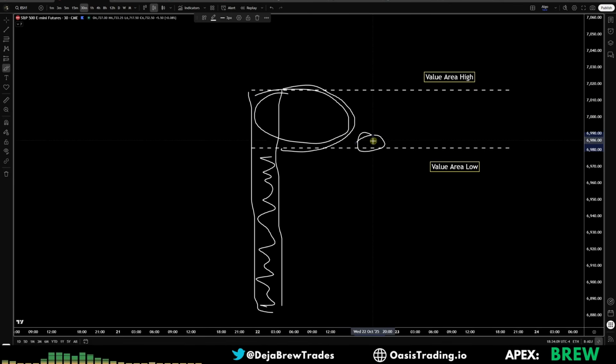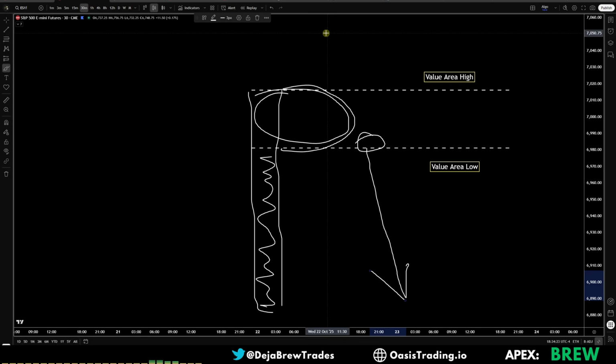So if we fail this, it should be quite easy to retrace this lower tail because there's basically no value there to act as support. This is known as a tail squeeze, right? We are squeezing out that lower tail. The sellers are coming in and pushing you all the way back down to the low of day.